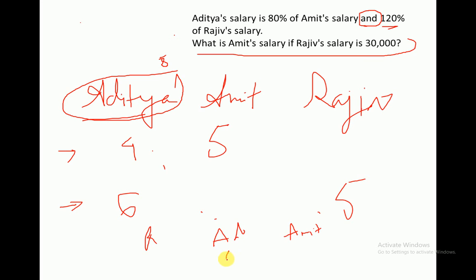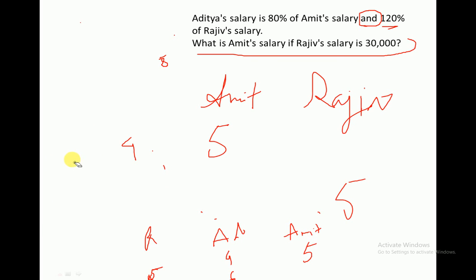Aditya is 4 and 6, Rajiv is 5, and Amit is also 5 on the upper side.